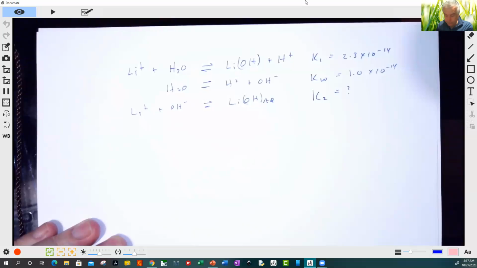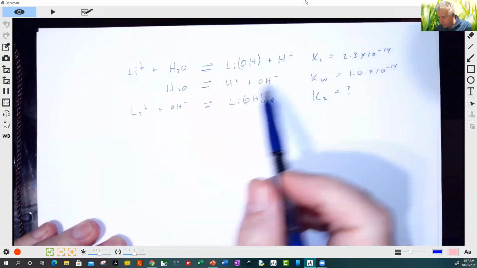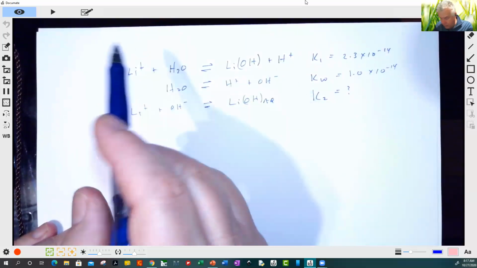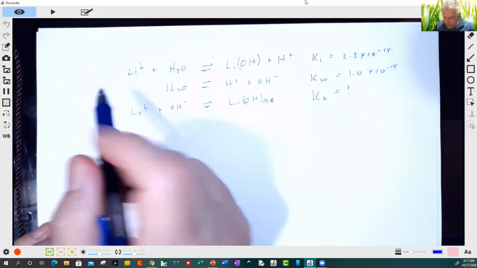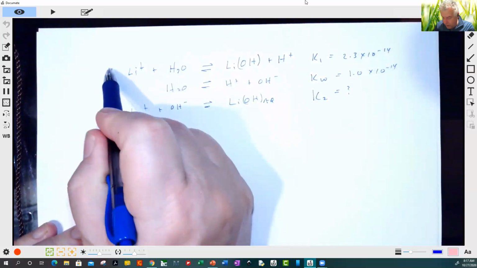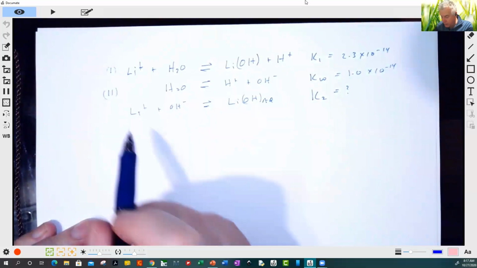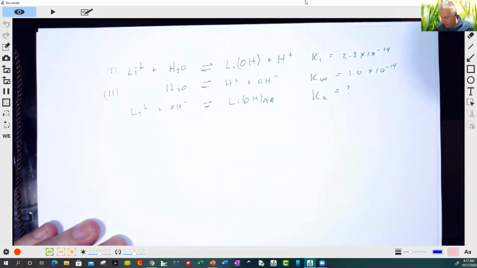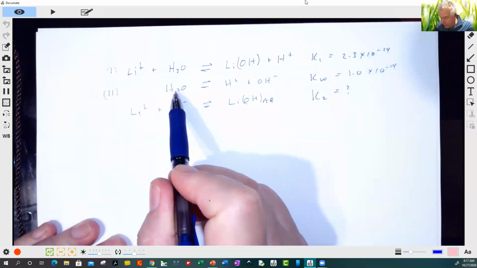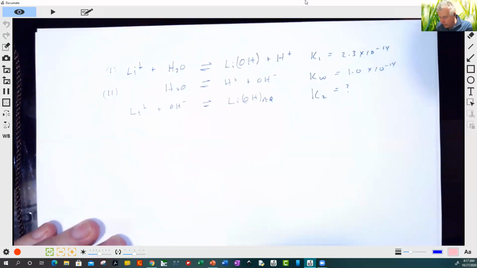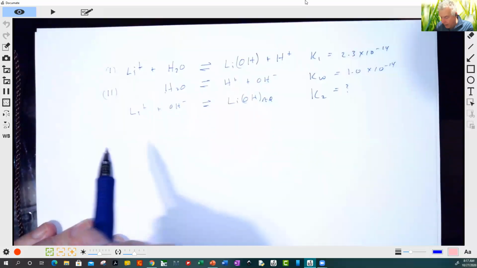So the trick here is to see how to combine reactions 1 and 2 such that it adds up to this one. Basically, we need to cancel the water. We need to cancel the H plus. So we want to write this one backwards.